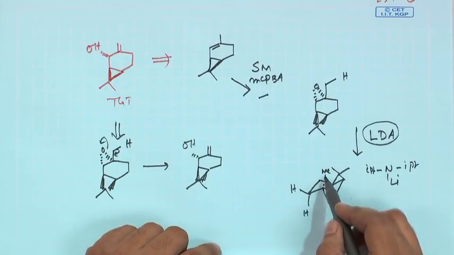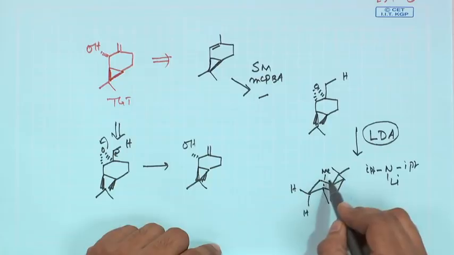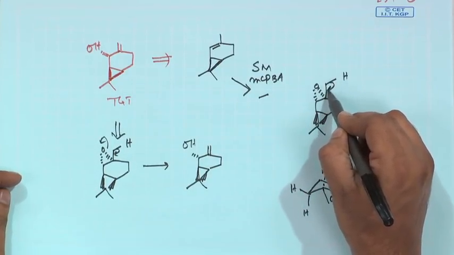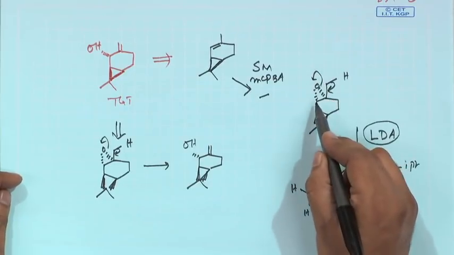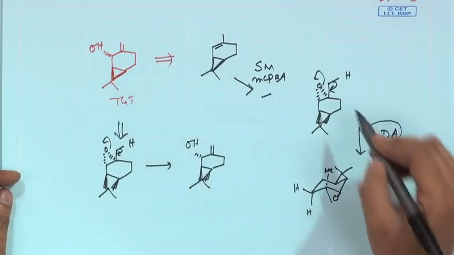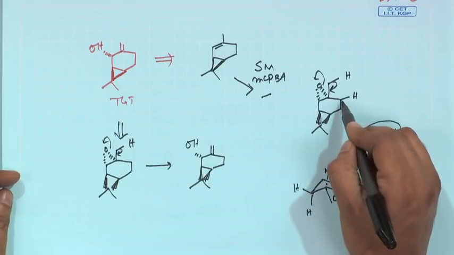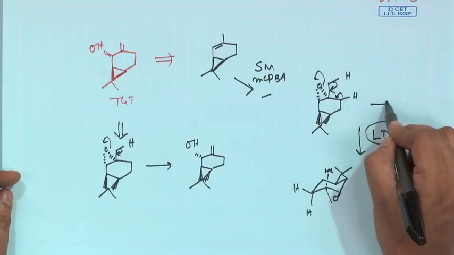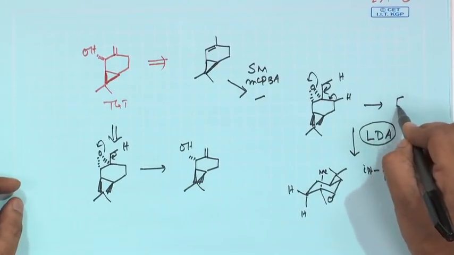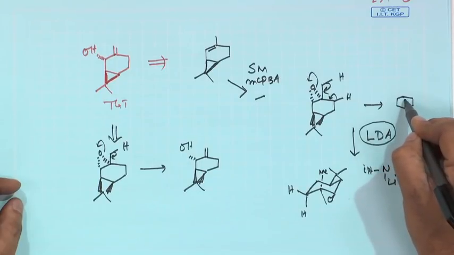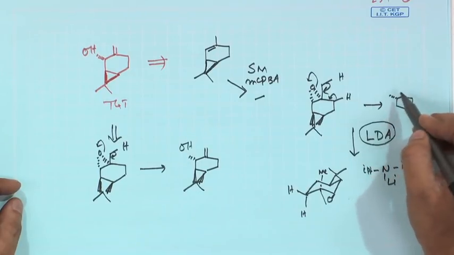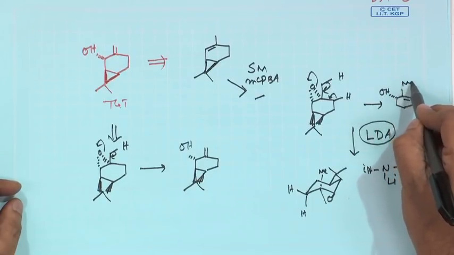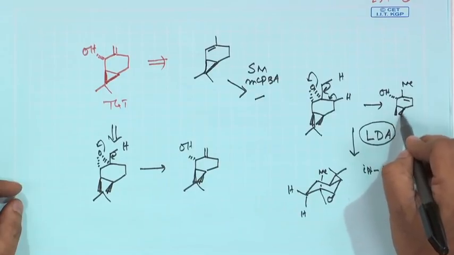Now, the mechanism basically, if it abstracts this hydrogen, then it will open up something like this and you get this product. Now, if it abstracts this hydrogen, this will also open up, and in reality that will give you another rearranged product whose structure will be something like this.